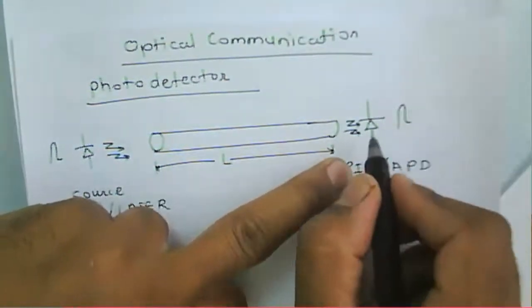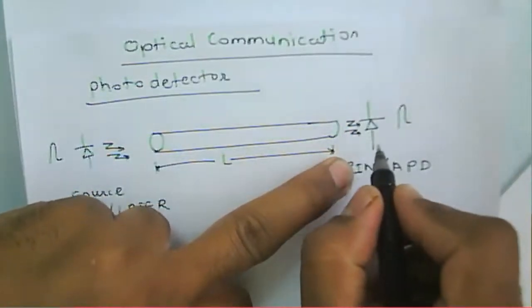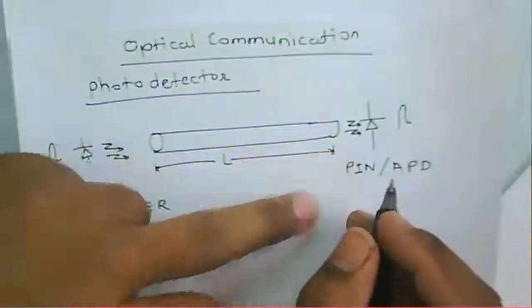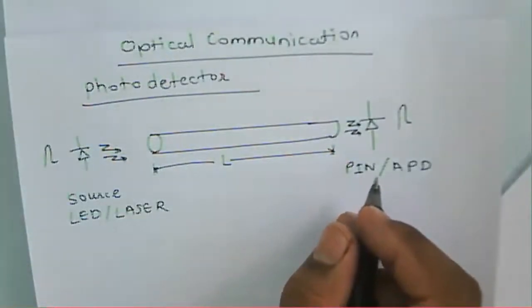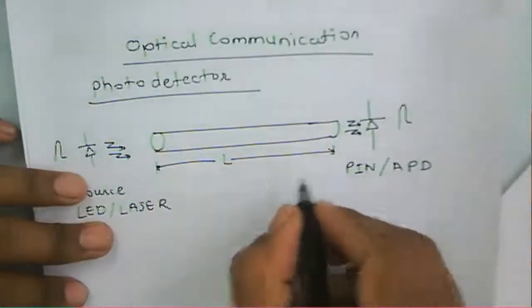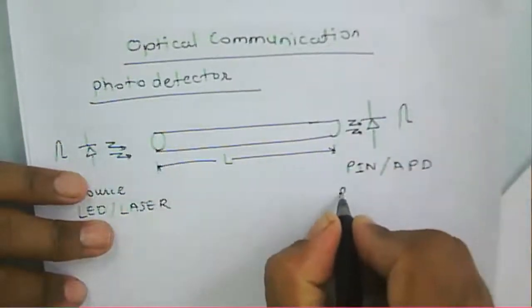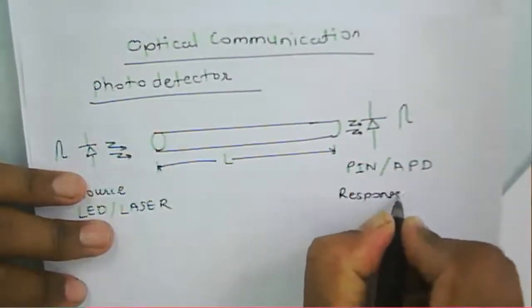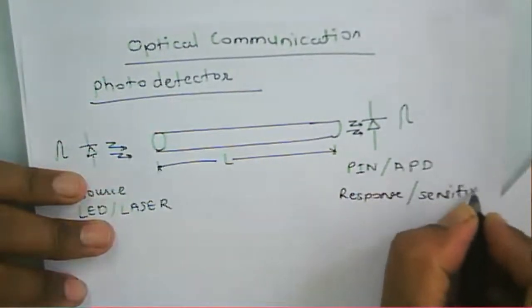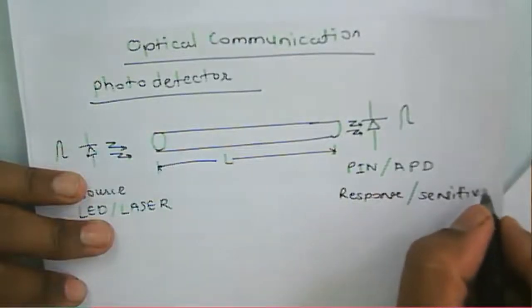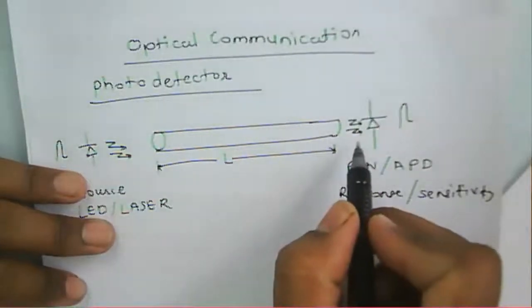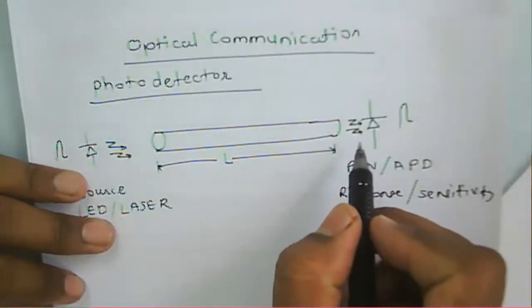So that is about the detection of the signal. For a given light, it has to produce an electrical signal. That is nothing but the response. How will your system respond, or we can say the response of a detector, or the sensitivity, because for small values of light falling on the detector, your detector should respond.